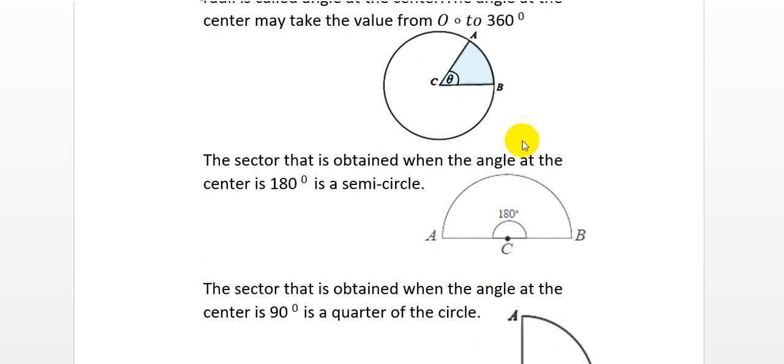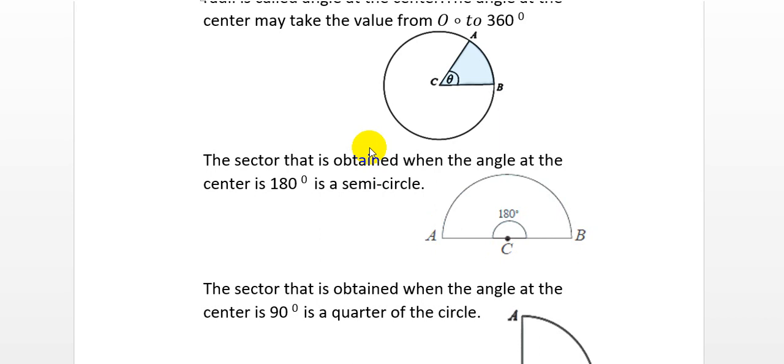If you take the second image, as I pointed here, which is a semicircle, it is half of a circle. This is also known as a sector of a circle, but we give it a special name since it is half of the circle. We call it a semicircle.